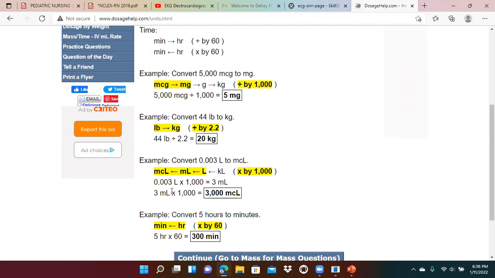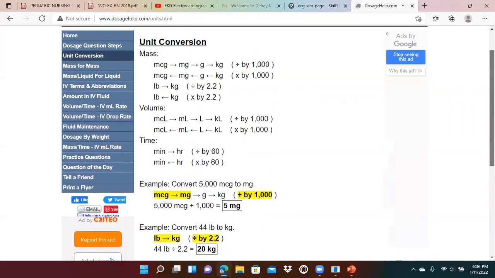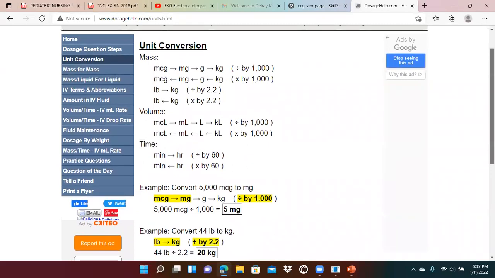And 3 liter times 1000 is 3000 mcL. Convert 5 hour to minute. So a big number converted to small, multiply or times by 60. 5 hour times 60 is 300 minutes. So this is the very basic about unit conversion.